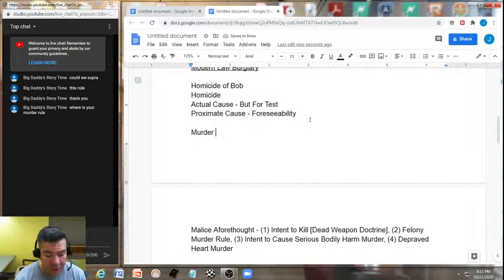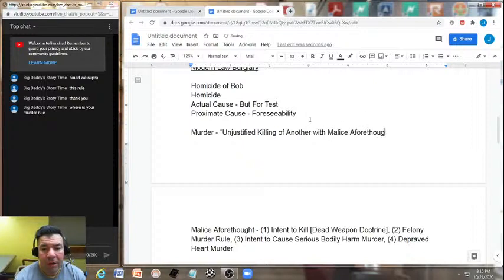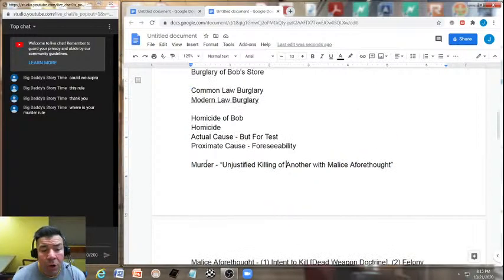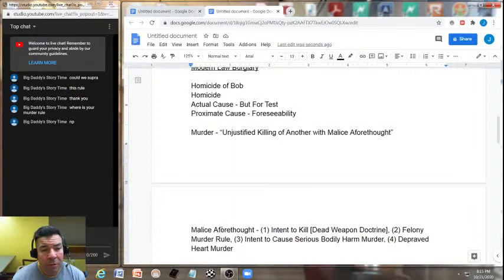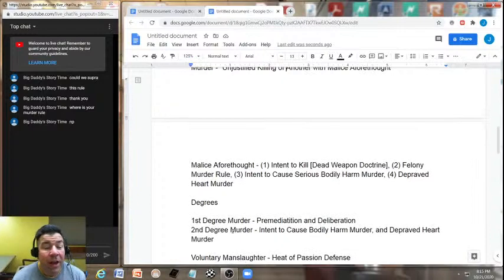Murder is the unjustified killing of another with malice aforethought. Okay, excellent job. Thank you for pointing that out, because this is of importance for our homicide, because not only is there a homicide, but we have a murder, which then goes right into our malice aforethought rule statement, or our malice aforethought element, which represents the rule statements that we're going to address.